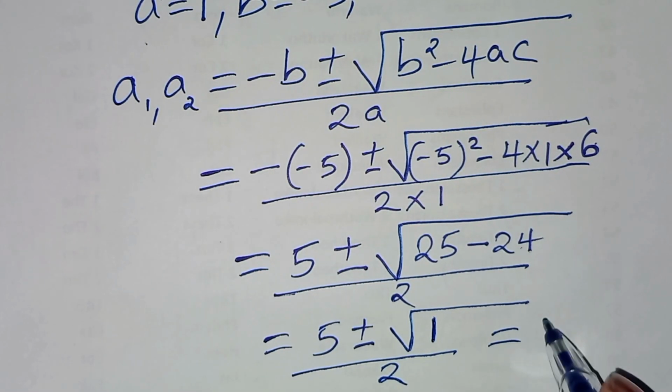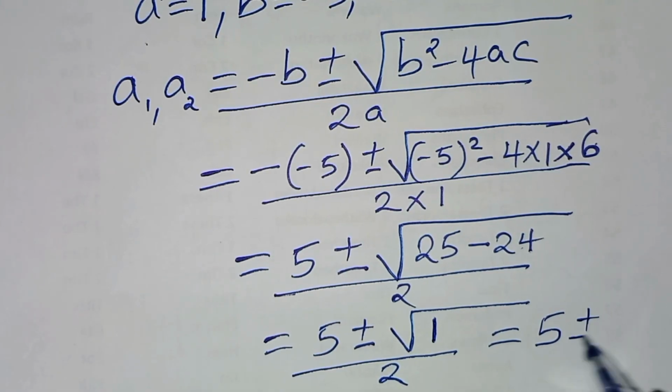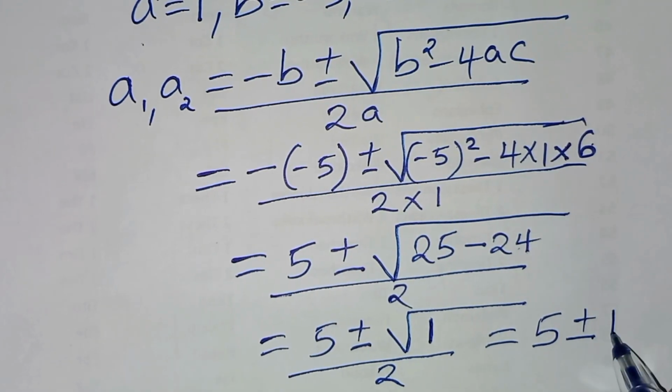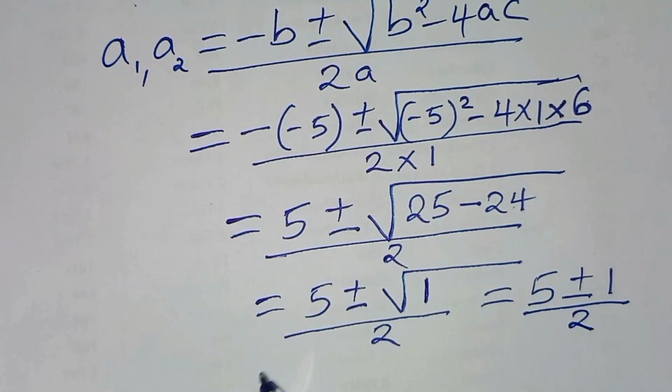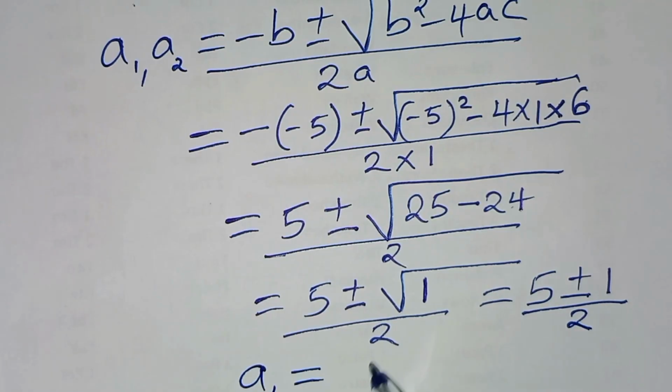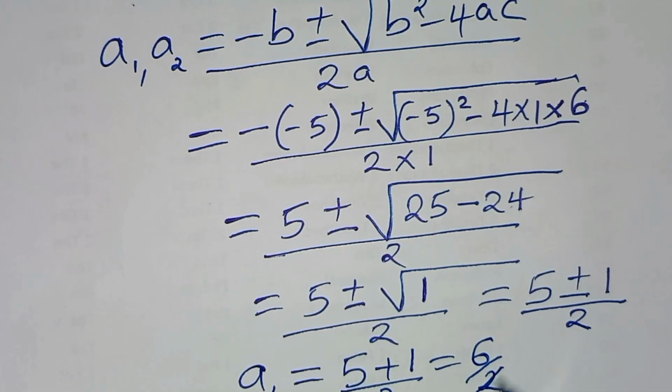So a1 is equal to 5 plus 1 divided by 2, which is 6 divided by 2, and this is equal to 3.